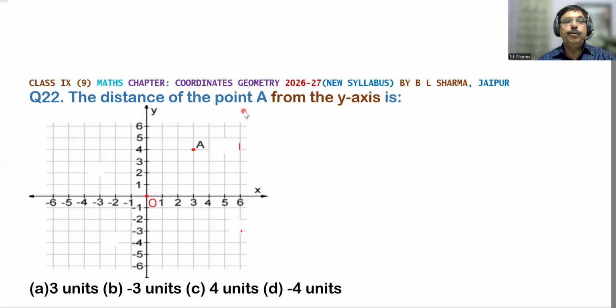The distance of the point A from the y-axis in this figure is asked. See, this is the y-axis, and the distance of this point A from the y-axis is 1 unit, 2 unit, and 3 unit. You can also give the coordinate here. So distance from the y-axis is 1, 2, and 3. So what is the answer? I think this is not the correct option.